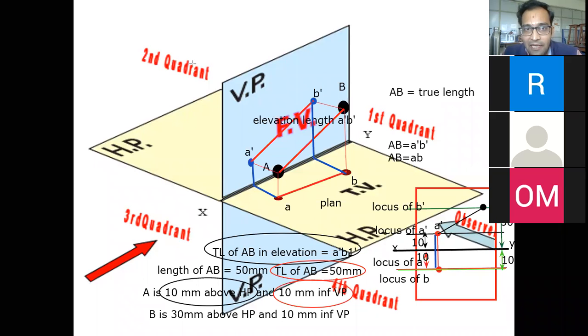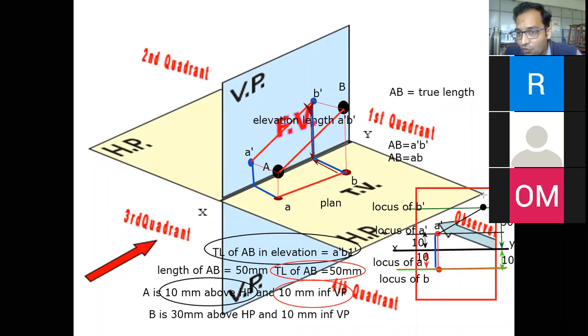So now see the line. You are able to see that when the projections are traced towards the reference, I have taken a thick arrow, let us take a thin arrow. Whenever B dash is traced towards the reference and B is traced towards the reference, they create a single line.